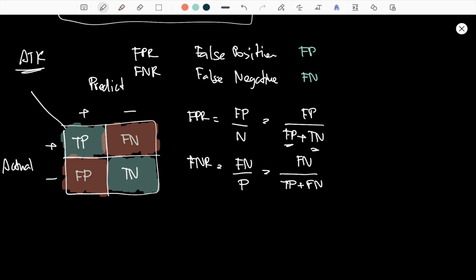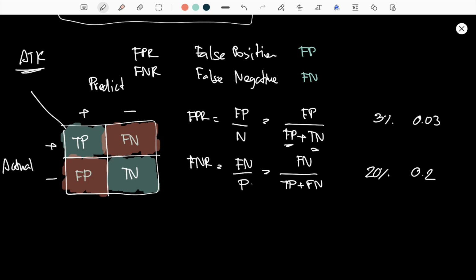For example, if the false positive rate is just 3%, or 0.03, and the false negative rate is maybe 20%, for example, 0.2, for an ATK test kit, what is the meaning of this?